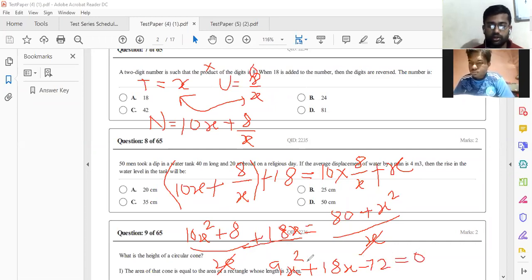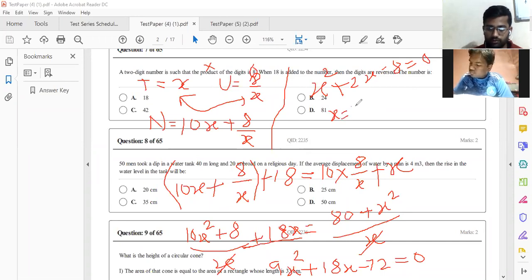Now you have a quadratic equation. You can divide by 9, so you will get x square plus 2x minus 8, 9 8s are 72. If you solve this quadratic equation, you will get x is equal to 2. Value of x is 2.